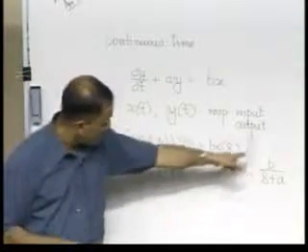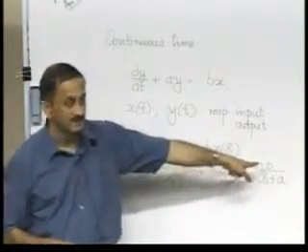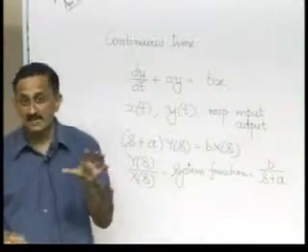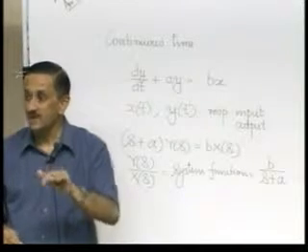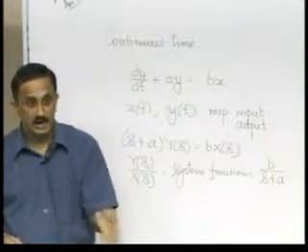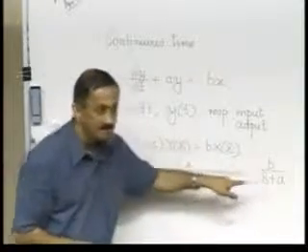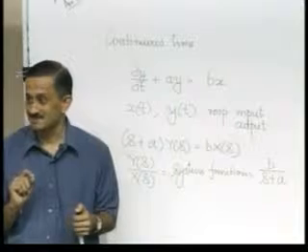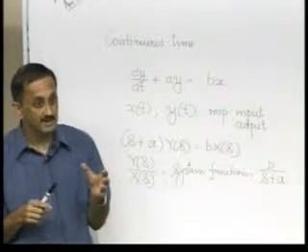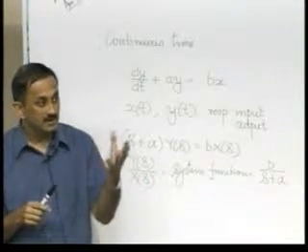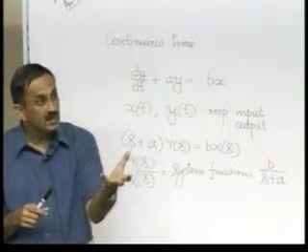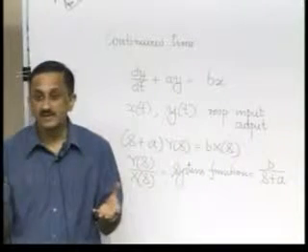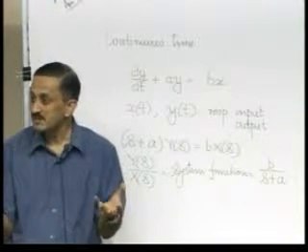It is clear from this example that the numerator of the transfer function, the system function, indicates the derivative operations acting on the input, and the denominator indicates the derivative operations acting on the output. A general differential equation relates a linear combination of derivatives of the output to a linear combination of derivatives of the input.